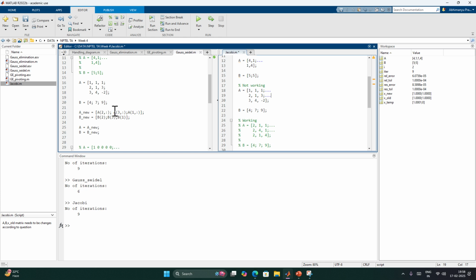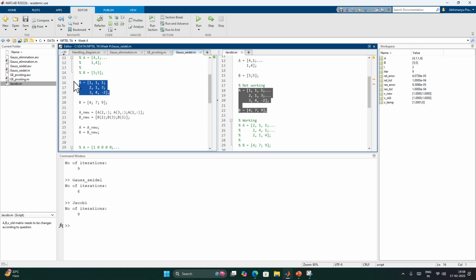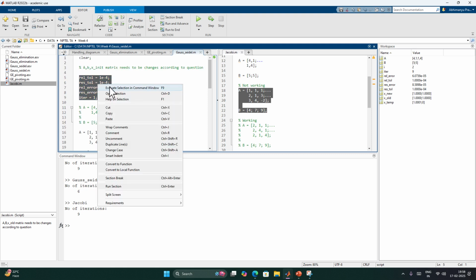Okay. So same problem. You can see this matrix, it's not diagonally dominant, right? So we will just do these row operations to make this diagonal, not entirely diagonally dominant, but some sort of dominance will be there because we are replacing. So if I will just run this part.